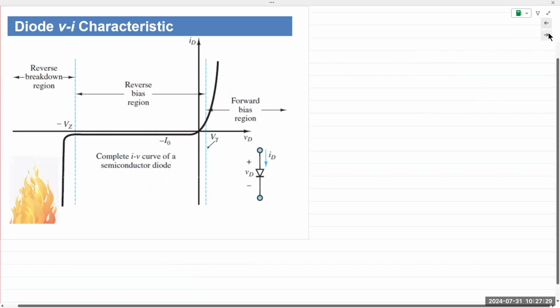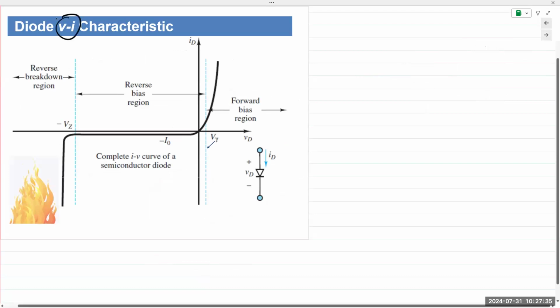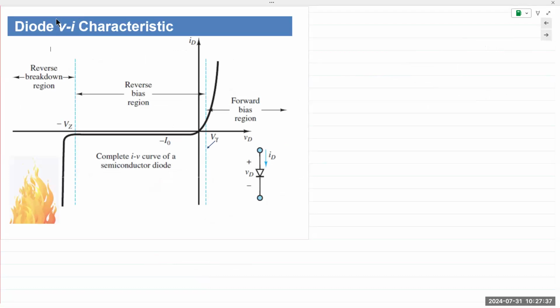So let's look at the diode VI or IV characteristic. The VI characteristic stands for the voltage-current relationship. Characteristic basically means a graphical illustration of two or more quantities.